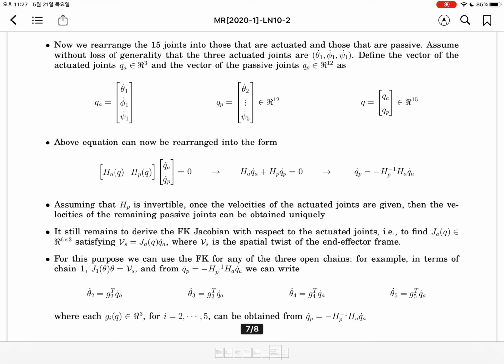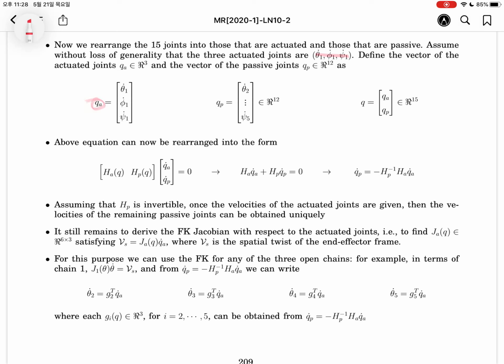By collecting the active joint, we have assumed that every active joint will be chosen as a first one, like this. This is the active joint. The remaining ones, theta 2 dot through theta 5 dot, phi 2 dot through phi 5 dot, like this, we can collect active joint and the passive joint.